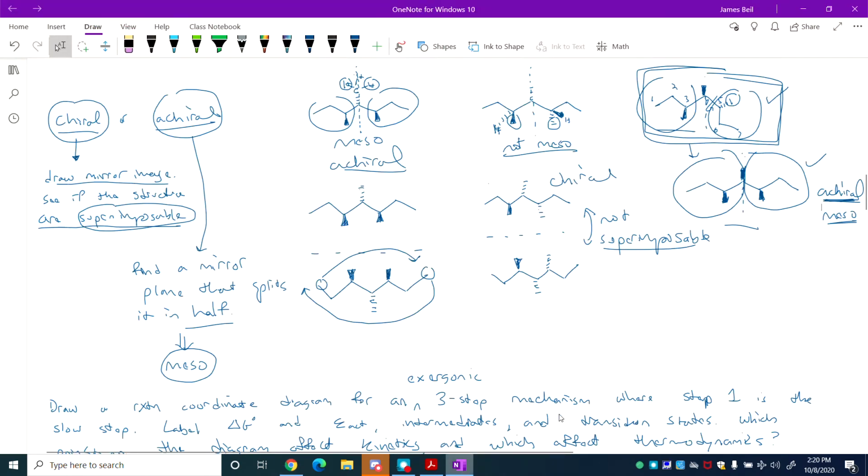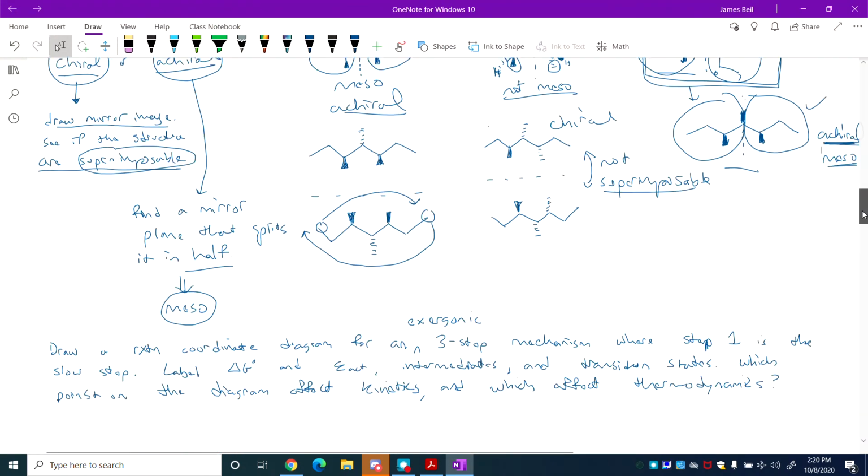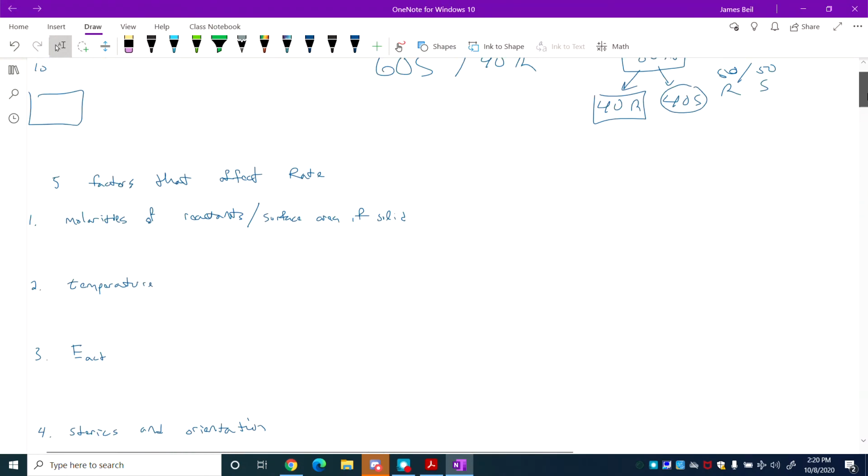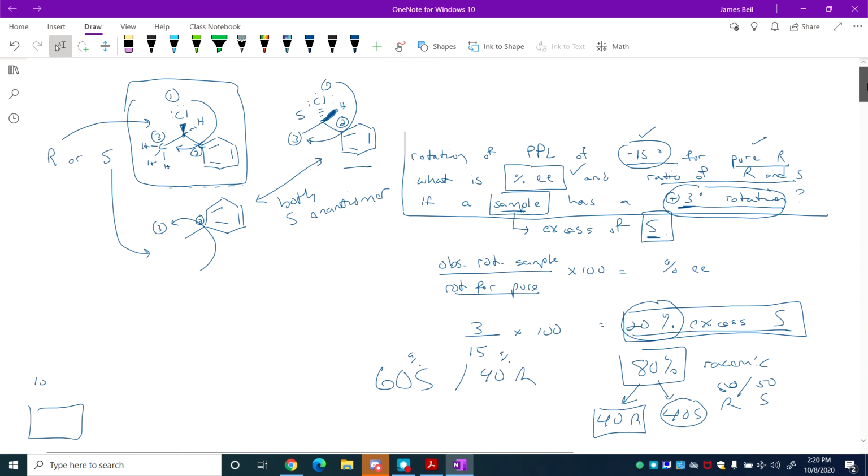So when we're talking about this example up here, we said if I have a 50-50 mixture of the R molecule, and mixed in there is the S molecule, and I look at their structures, what's the difference?